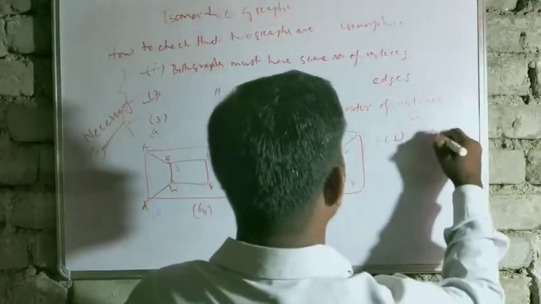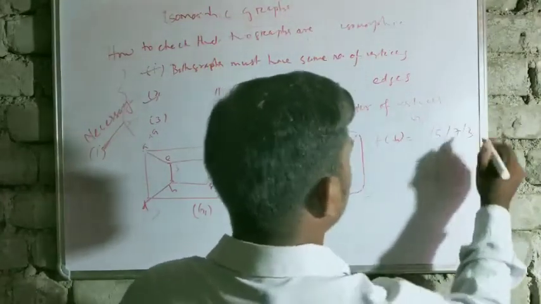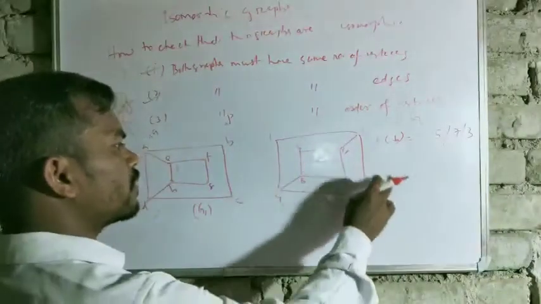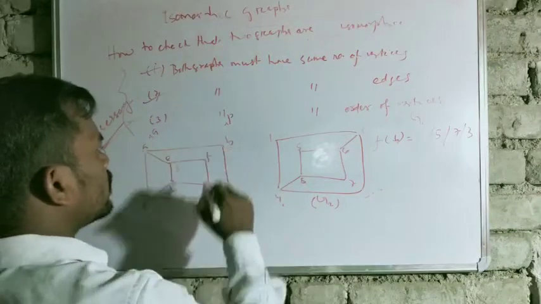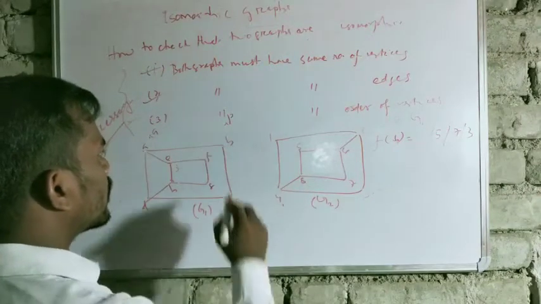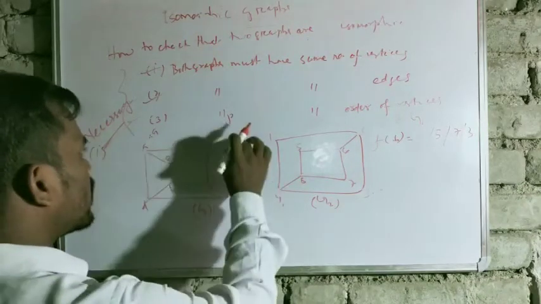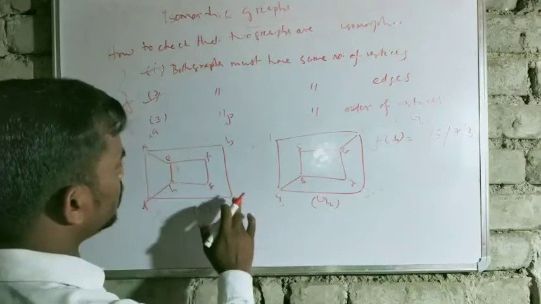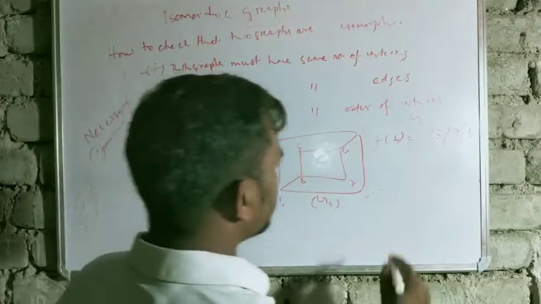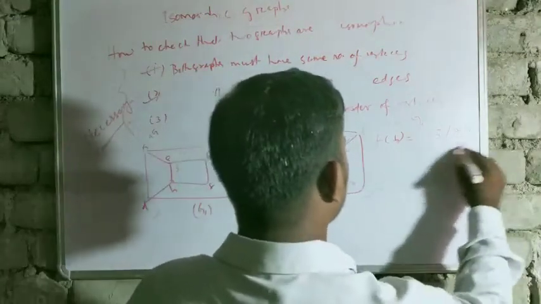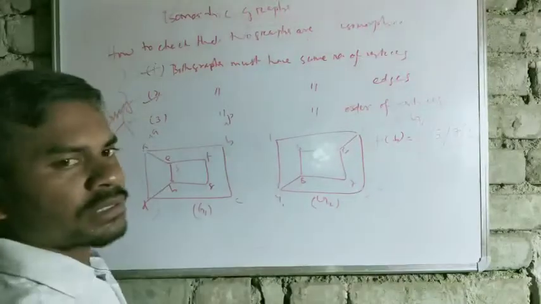Either 1, 5, 7, or 3. These have degree 2. Vertex B has adjacent vertices A and C, one of degree 3 and the other of degree 2. Then you have to find among these 4 which is adjacent to vertices of degree 2 and degree 3.